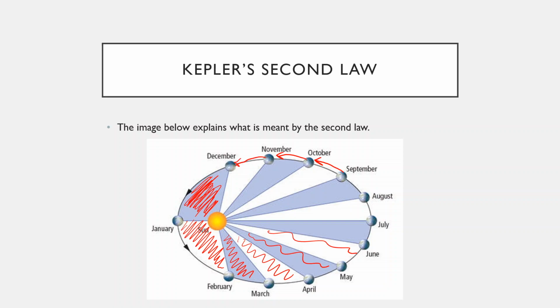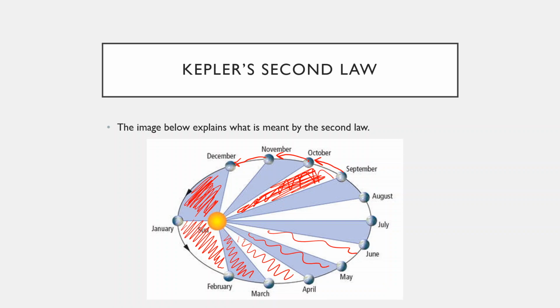What they're saying is when a planet travels in its orbit in a period of 1 month, then if you were to connect that planet to the sun, it would sweep out this area. And if you do that every month, the area that gets swept out by the planet is the same for every period of those specific time intervals.